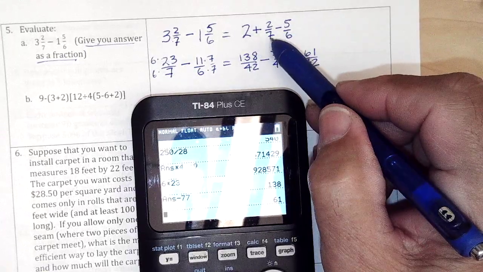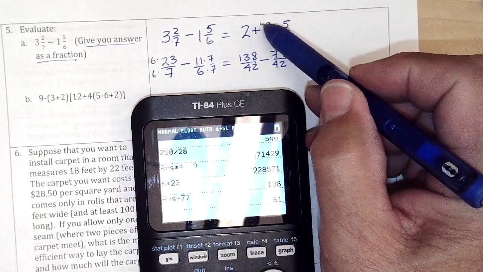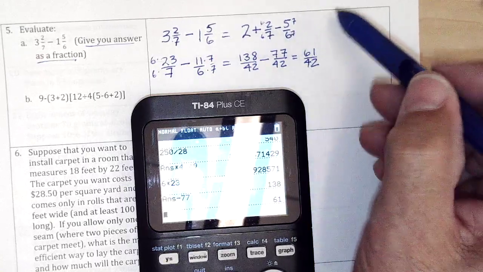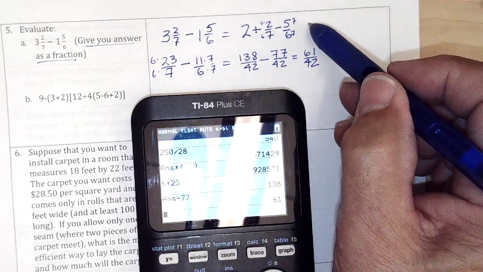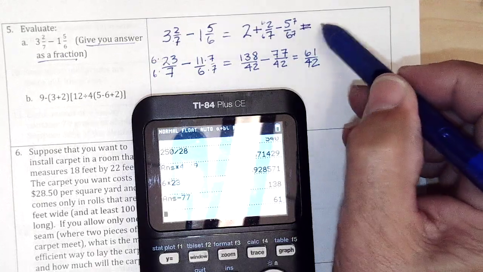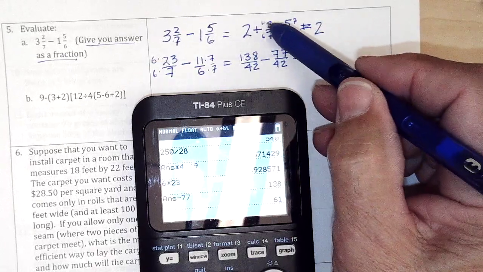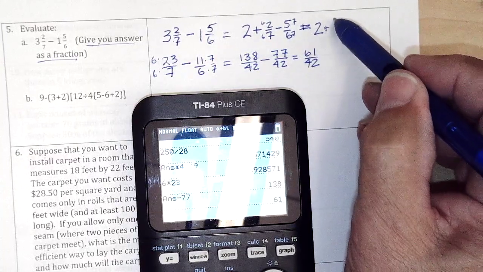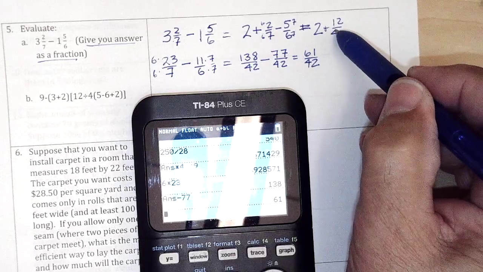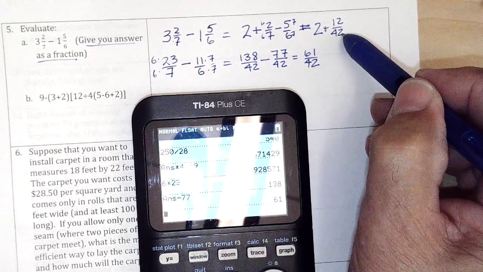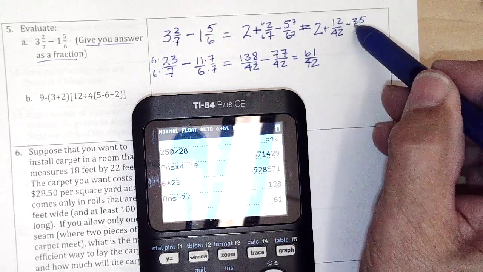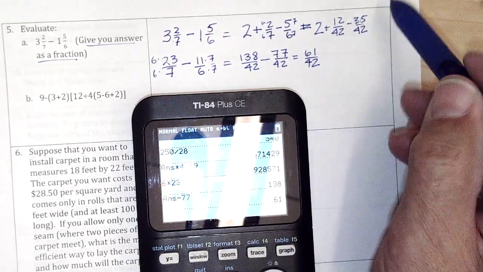If I continue with this, I would multiply by 6 and 6 and 7 and 7, and I would have 2 and 12 over 42 minus 35 over 42.